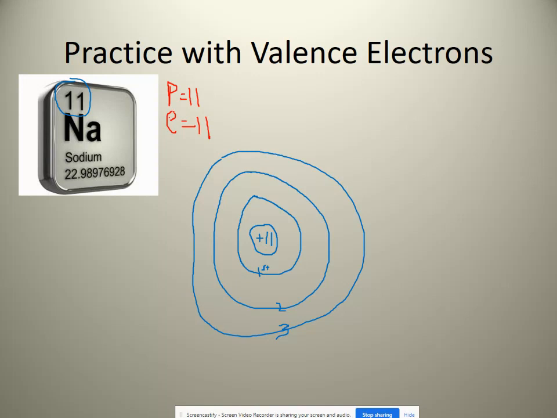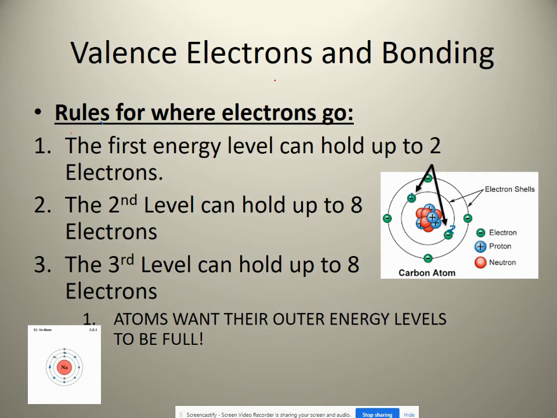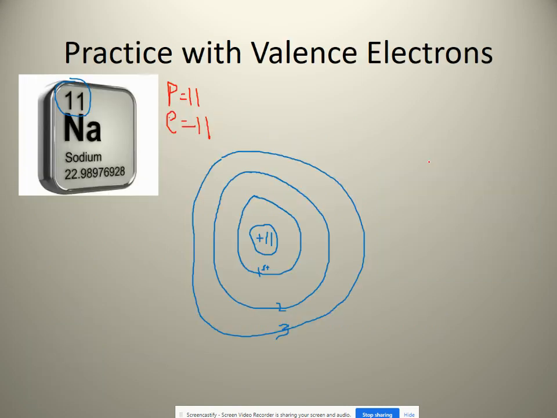Okay. So I'm going to look up here, how many electrons do I have? And I have 11. How many electrons can go on my first energy level? If we look back to our rules, the first energy level can hold 2 electrons. So I come into my first energy level. How many electrons can it hold? 2.